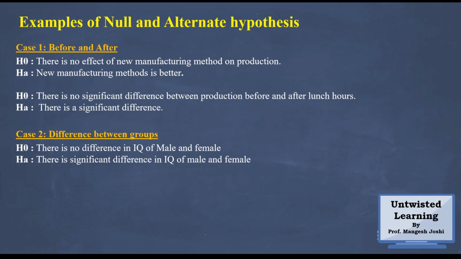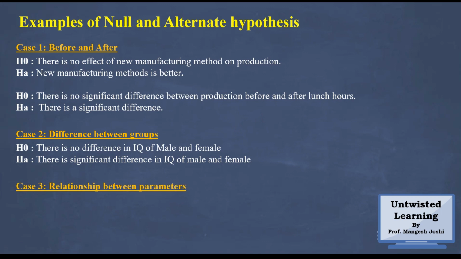So you can see that whenever we are writing the null hypothesis statement, we are stating that there is no difference before and after. Similarly, there is no difference between the two groups. So we are stating that group 1 is neither better than group 2. Means both the groups are equal, right? So this is the way you can frame the null hypothesis.